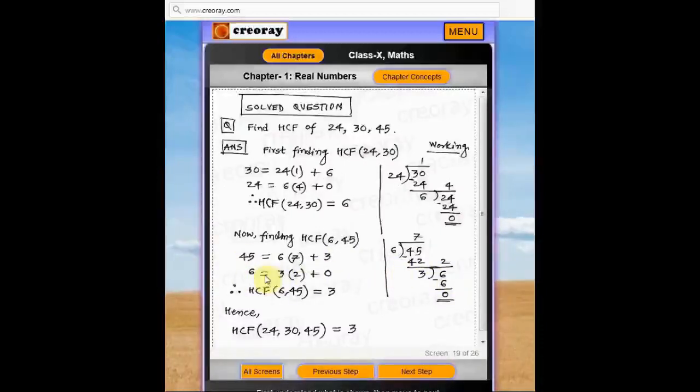So 6 equals 3 times 2 and the remainder is 0. Okay, the remainder is 0. So HCF of 6 and 45 is 3. And the final answer is HCF of all the three numbers 24, 30 and 45 given in question, put it in brackets, equals 3. That's your answer.